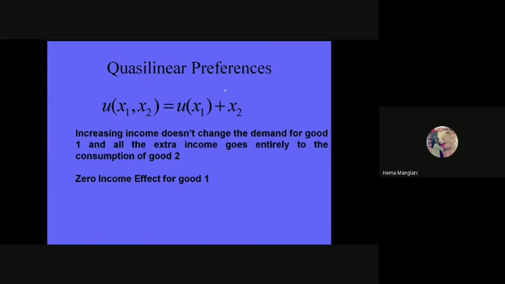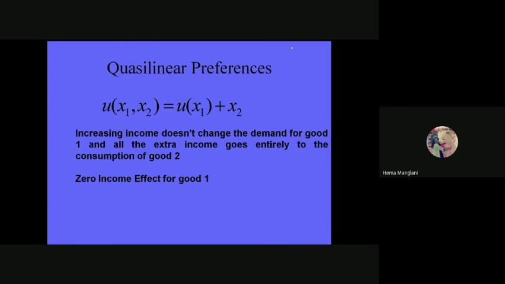See, so we have this x1. The utility of this x1 is definitely here. We assume that it is constant, and the x2's utility is the variable. So increasing income doesn't change, see, this is a very important line: if the consumer's income is increasing, it doesn't change the demand for good one. That is why this remains constant. But the x2's demand would be changing.